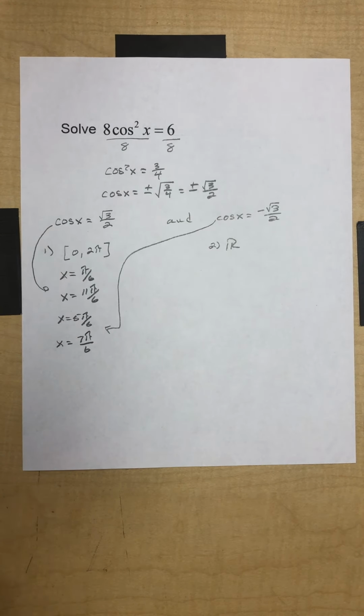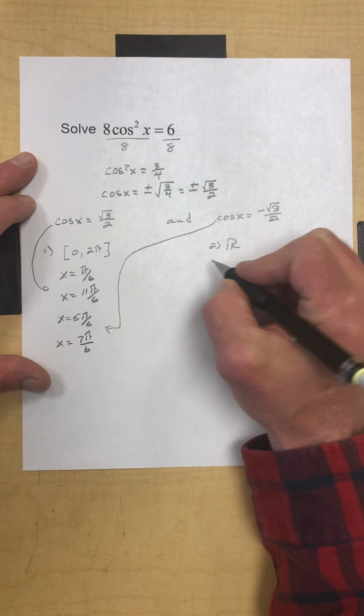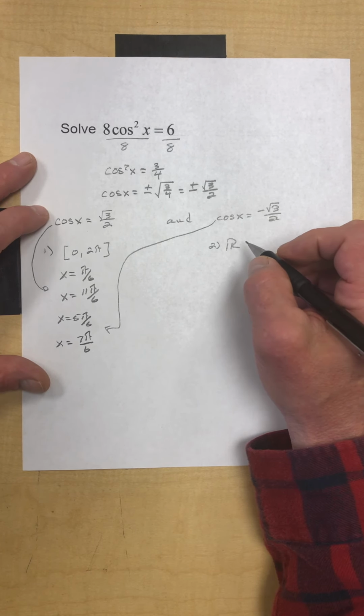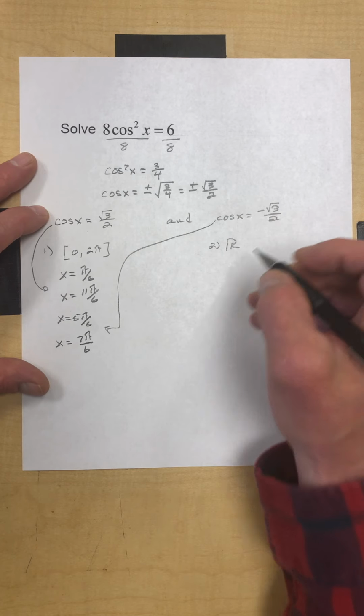Once again, 4 solutions. Again, we're going over all real numbers, so cosine has a period of 2 pi.